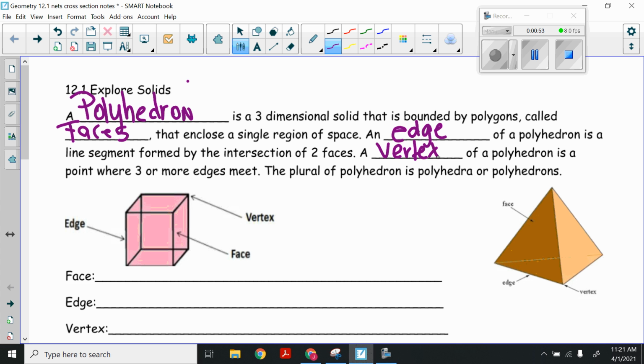We see that this is a face, a vertex where they all meet, and an edge, the line segment. So a face is all flat surfaces of the solid.